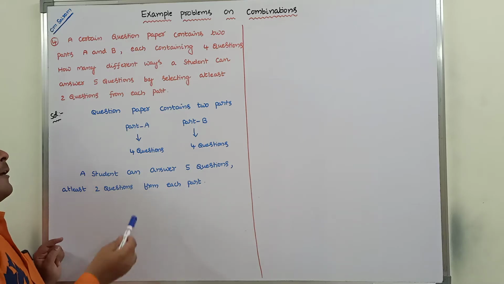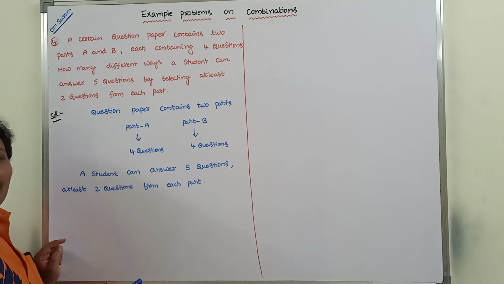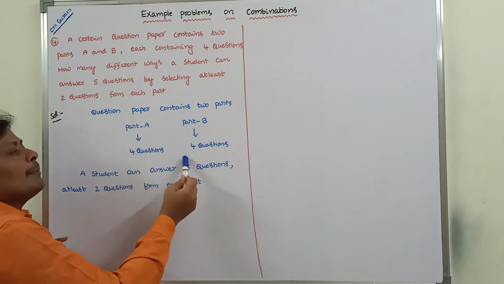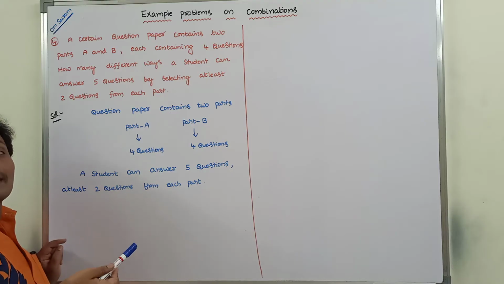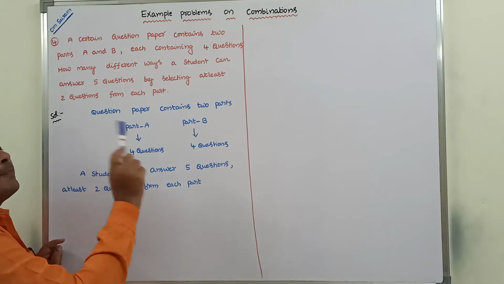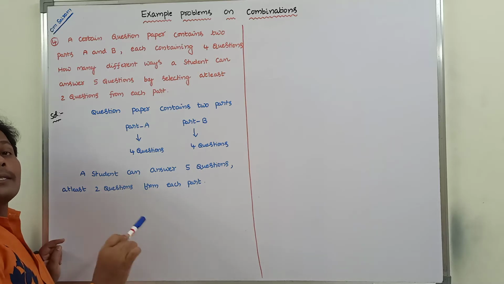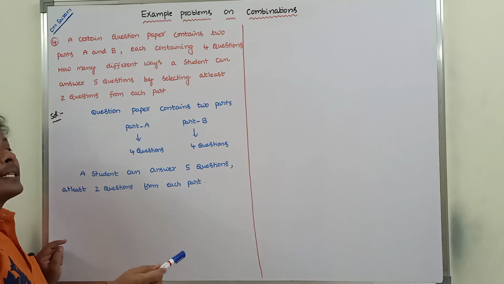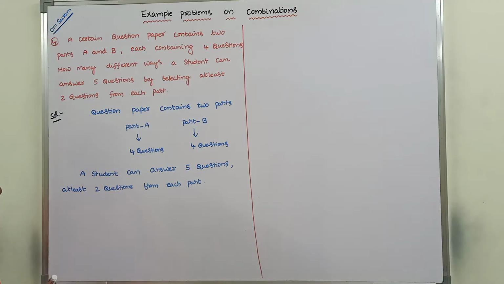From part A at least 2 questions can be taken, and from part B also at least 2 questions. But a student can answer how many questions? 5 questions. So here there are two cases.